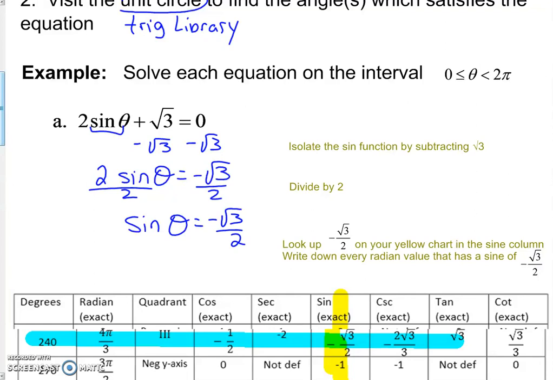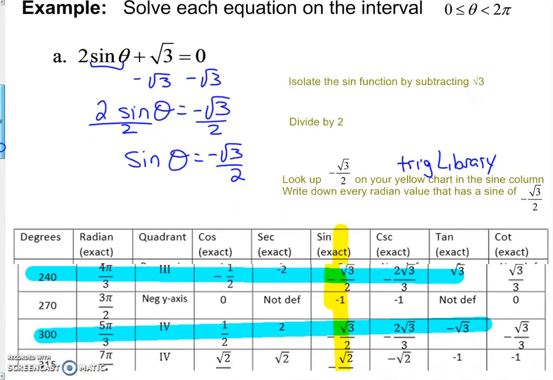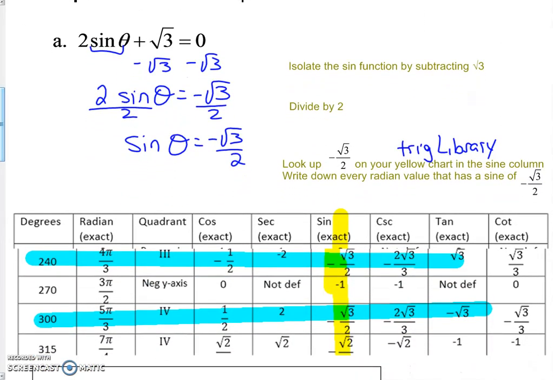You're then going to look that up on your trig library. For most of you, it's yellow. Some of you are still using your original white ones. In the sine column, look down every radian value that has a sine of negative square root of 3 over 2. I took a screen capture here, so I don't have everything, but I have the ones where it's needed.